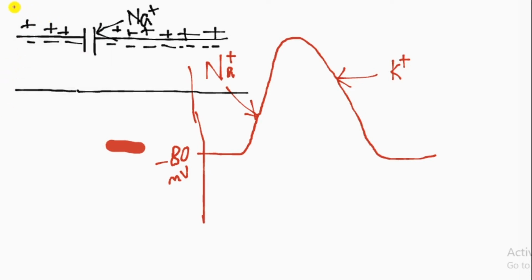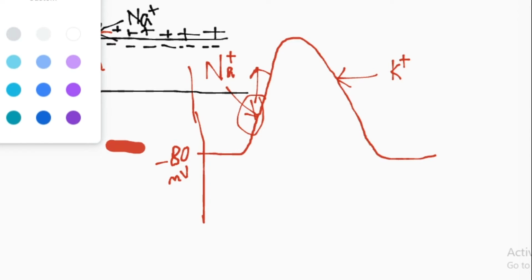If a stimulus comes, for example pain, Na+ influx will happen, so there is a high amount of positive charge inside and outside it becomes negative. This is how depolarization occurs.